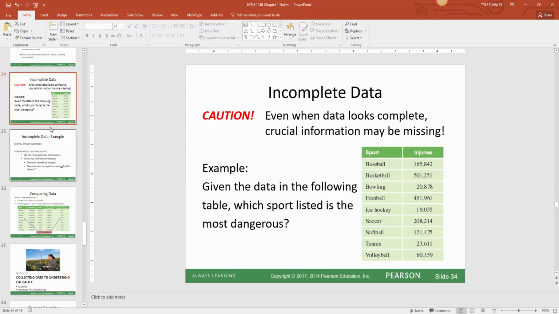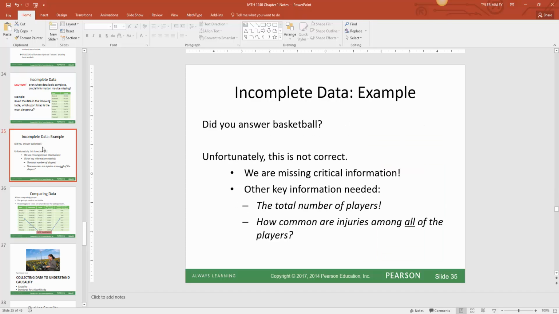But what we're missing is maybe how many people are in every group. If tons of people play basketball, then of course the number of injuries is going to be bigger than the others. So one thing we might want to look at is the percentage of people who participate in the sport that get injured.